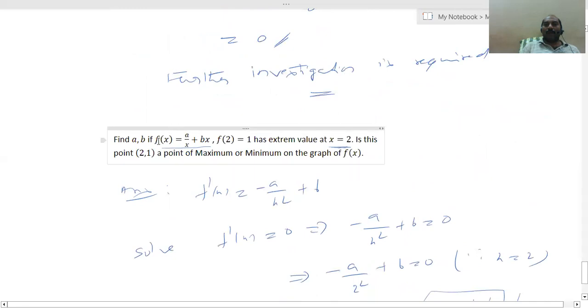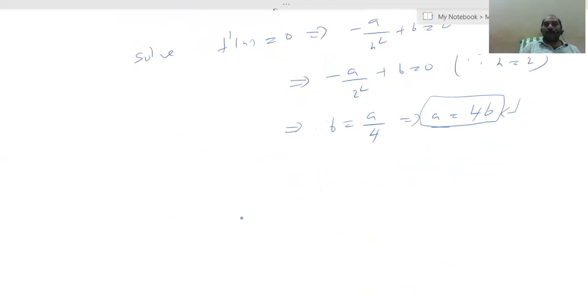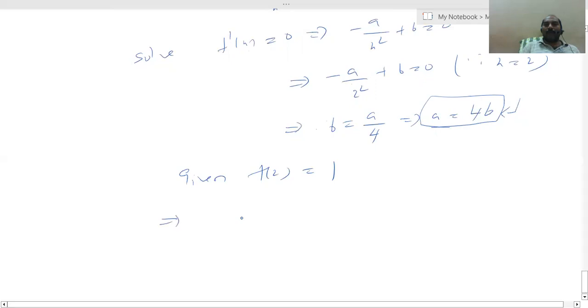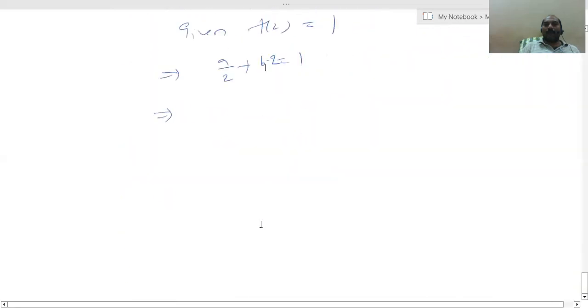Substitute in the given function, because they provide another value also. Given the hypothesis f of 2, by putting 2 we get the value 1. That means a by 2 plus b into 2 equal to 1. Sorry, b into x, and the x value is 2.